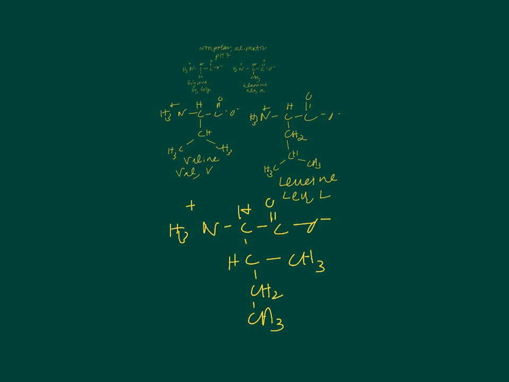An H right here. This is isoleucine, which means it's an isomer of leucine, so they have to have the same number of carbons coming off the side chain. They're both 4, so that makes them derivations of a butyl group. ILE is the 3-letter code, and just I. There you go. Those are the nonpolar aliphatics.